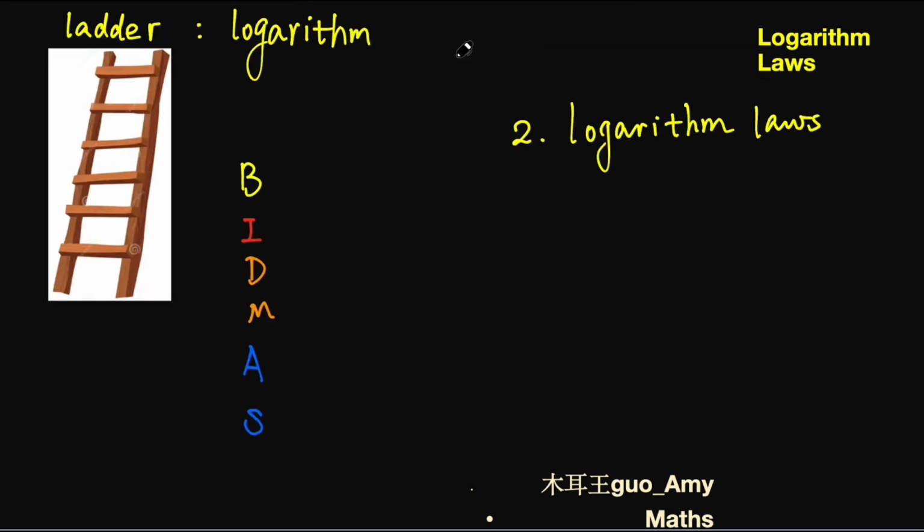Then let's move to logarithm. In operation, logarithm acts as a ladder. So what does this mean? It means logarithm can lower the order of the operation.